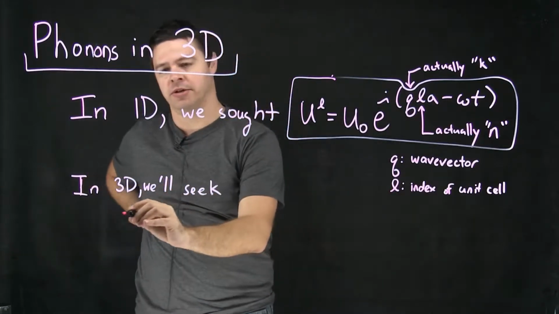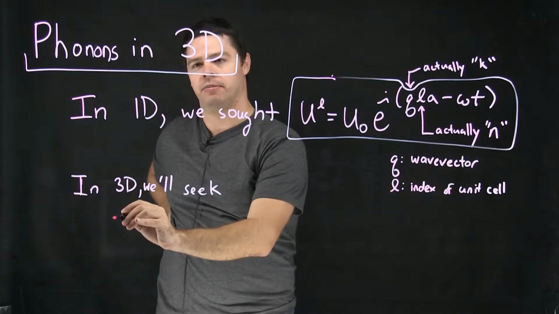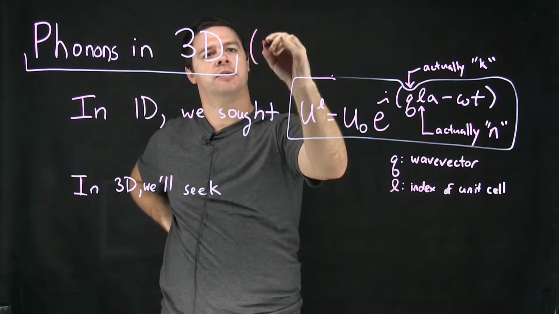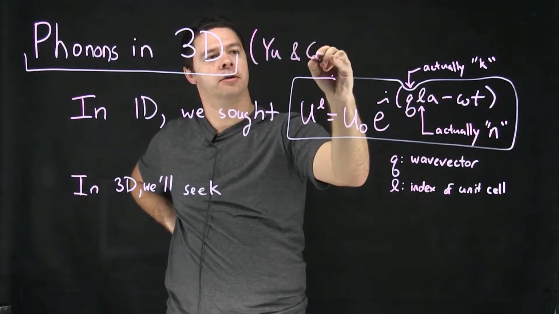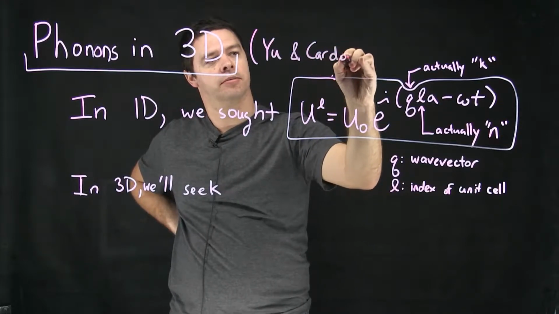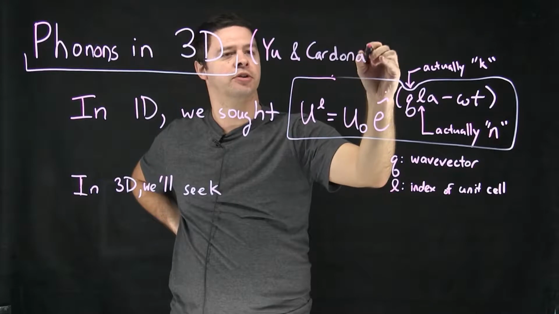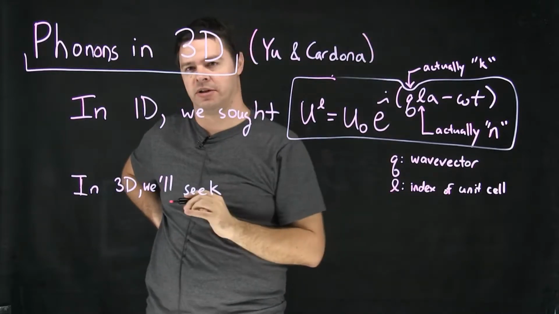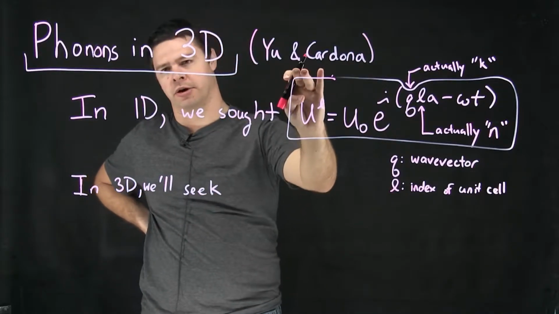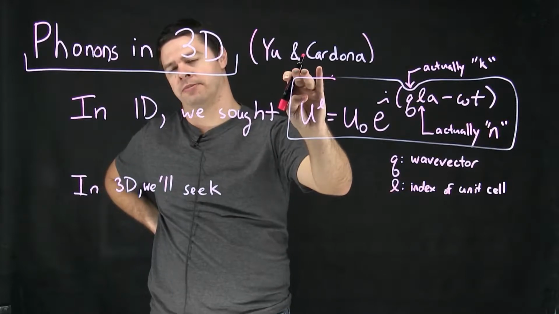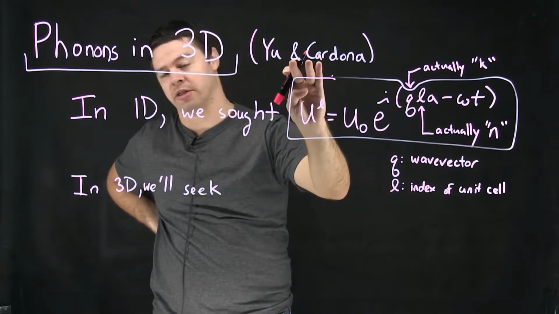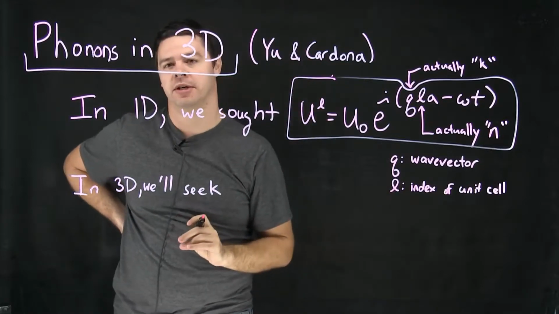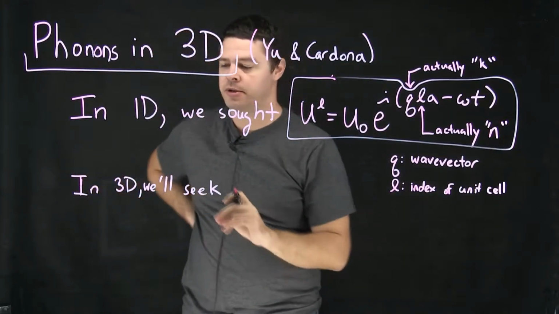So in fact, what I'm going to do is adopt the notation used by Yu and Cardona. If you're interested in looking up where some of this stuff comes from, this is part of their textbook, Fundamentals of Semiconductors, I believe, by Yu and Cardona.